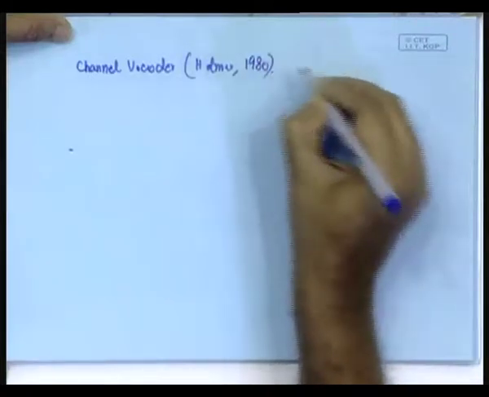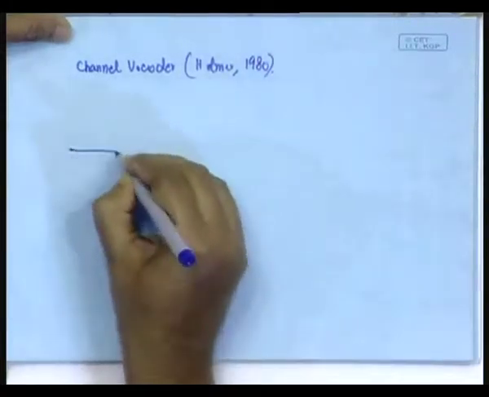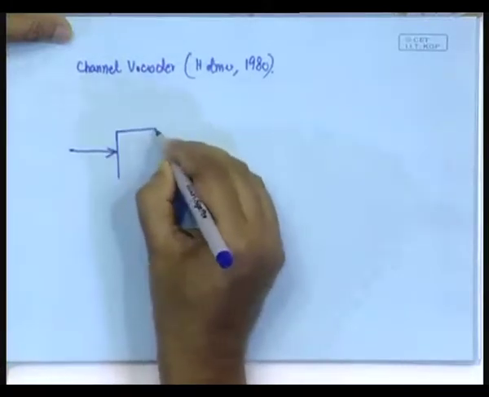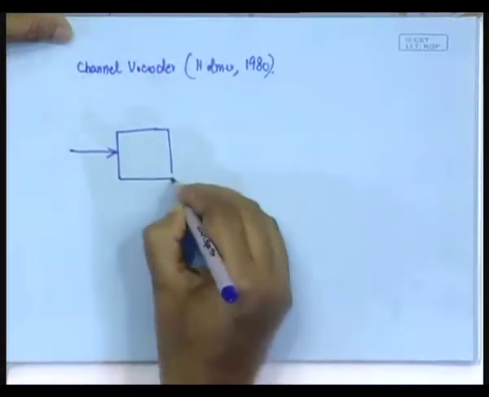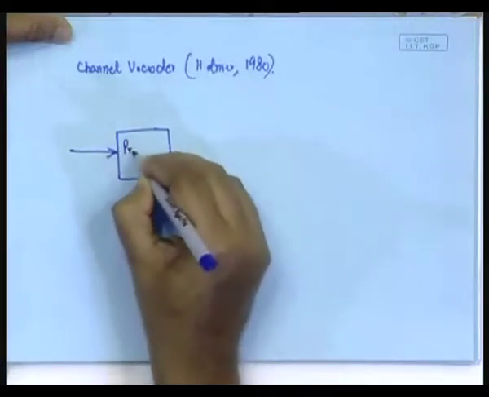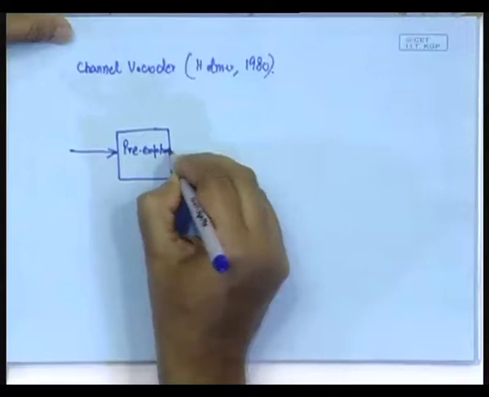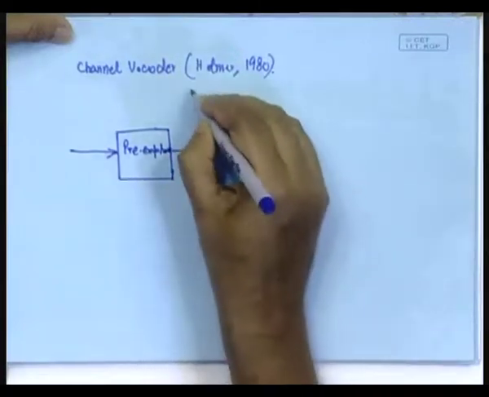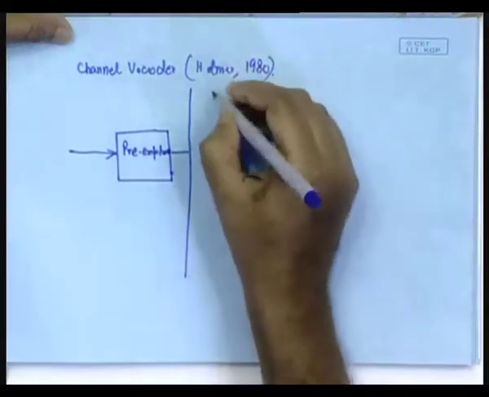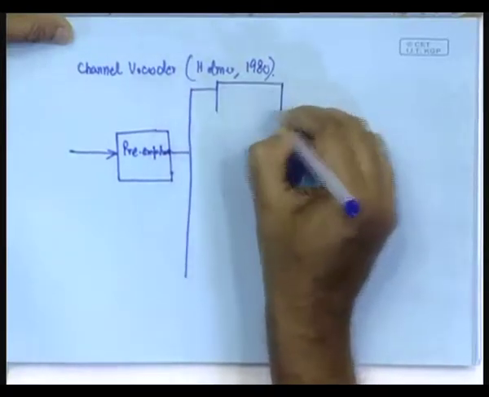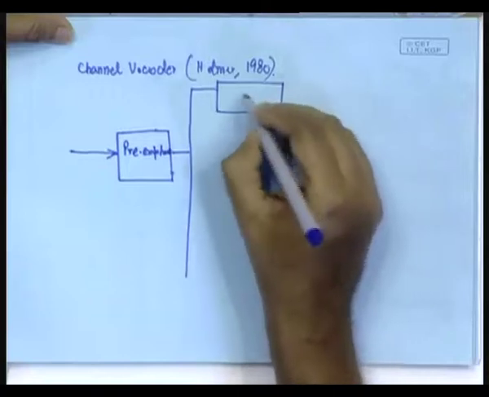In the channel vocoder, there will be a pre-emphasis filter, some pre-filtering basically, and then the pre-emphasis outputs will be fed to a bank of band pass filters.